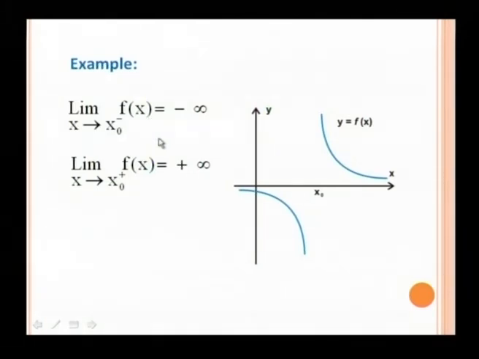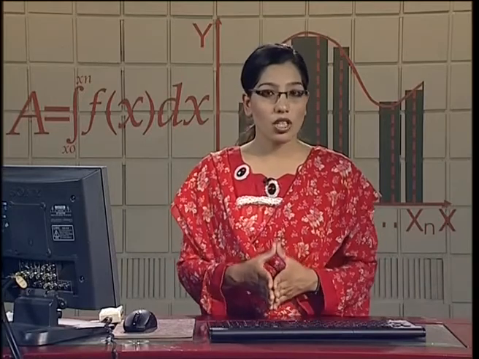For the left hand limit, when x tends to x naught from the negative side, the limit is minus infinity. And for the second case, when x tends to x naught from the positive side, the limit does not exist, or it approaches infinity.